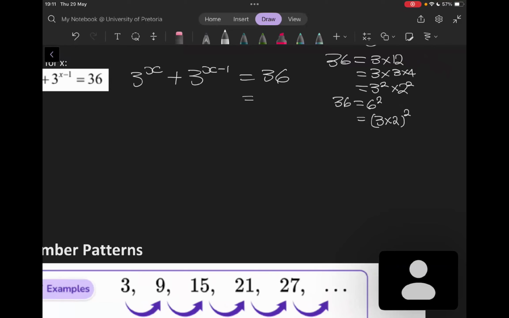Are you following along? And because we have the product of two numbers, 3 times 2, raised to the power of 2, what we then do is distribute this 2 inwards into the exponent. So we then have 3 to the power of 2 times 2 to the power of 2.